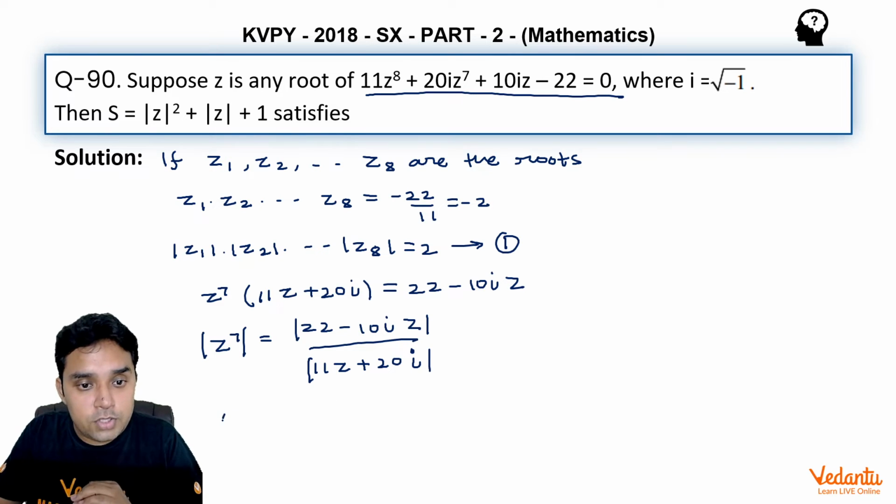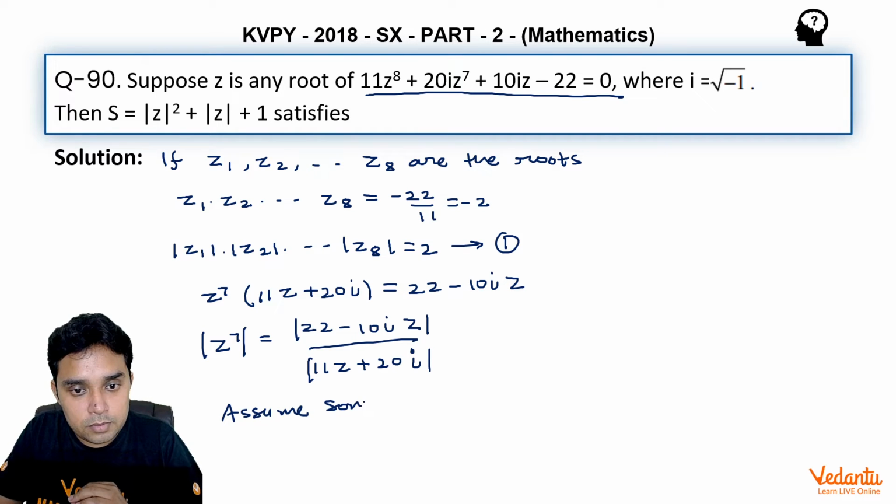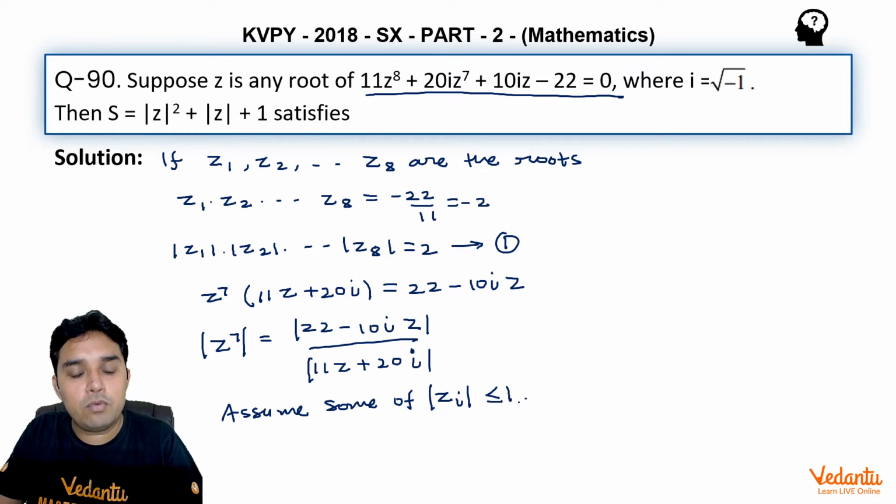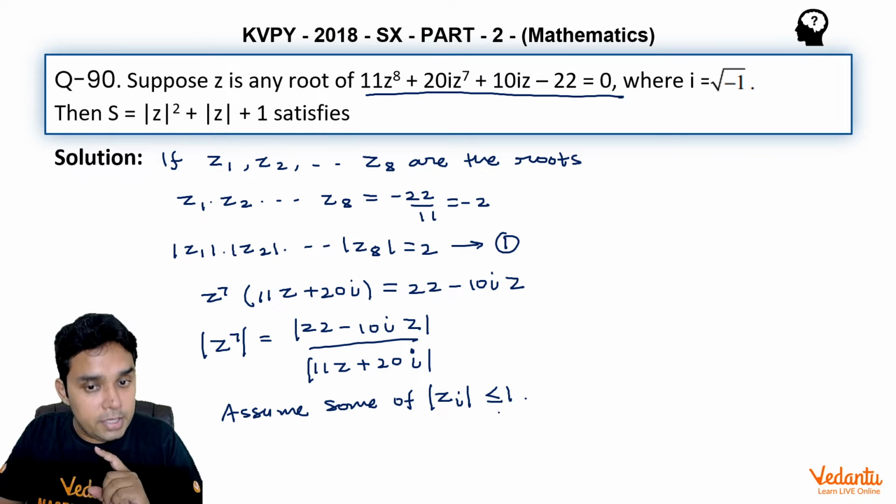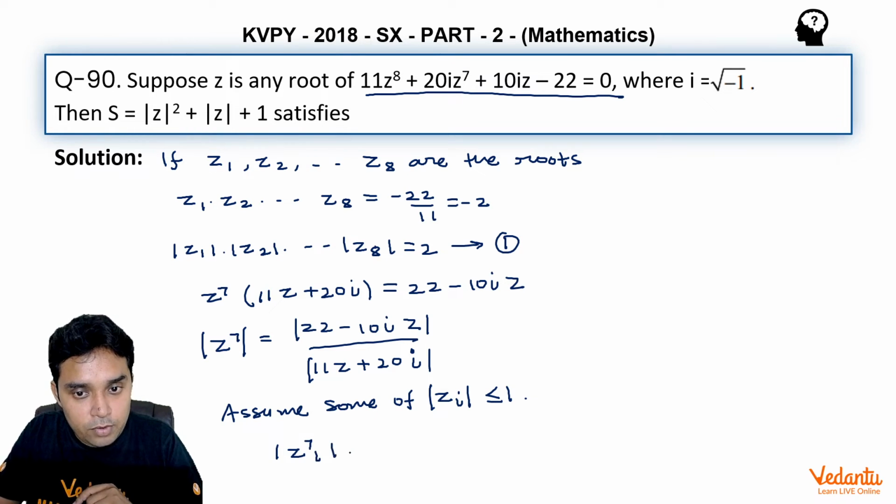Now assume that some zi has mod less than or equal to 1. In that case |zi^7| will also be less than or equal to 1.